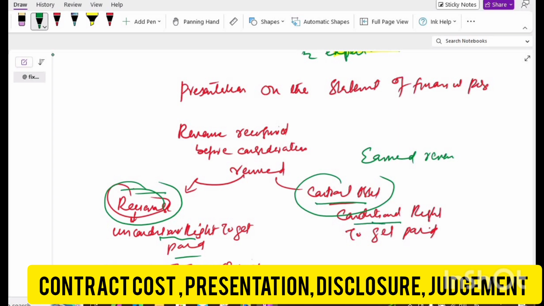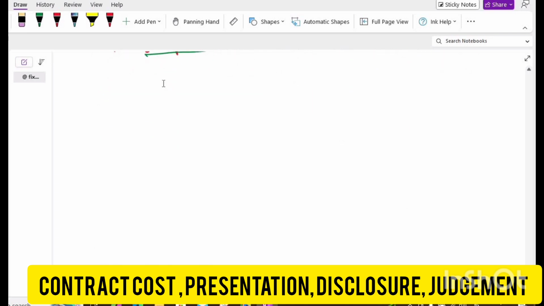You don't have an unconditional right like that of a receivable, but you have some conditional right to get paid, meaning the payment is still conditional on some other factor. For example, if the company has done part of the work, but the payment is only due when more work is completed, it regards this as a contract asset. Clear? So the company regards the amount as work completed, but not yet fully entitled to receive the payment. Clear? And there is another concept that we call contract liability.